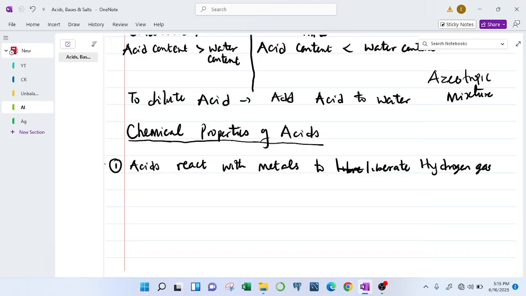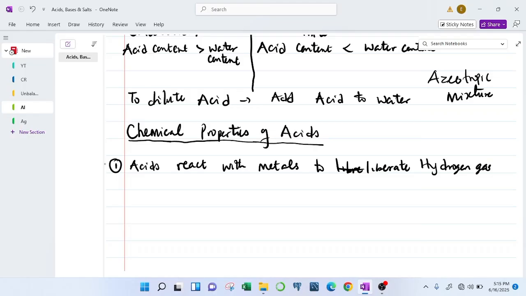Most times, I don't just like giving the stories like this. I like giving the chemical equations which are involved. So we are going to take an acid, we are going to take a metal, and then we are going to show the chemical reaction.